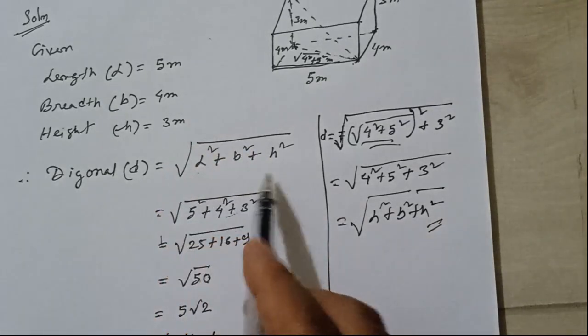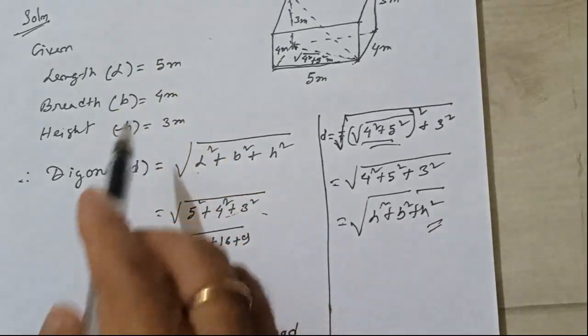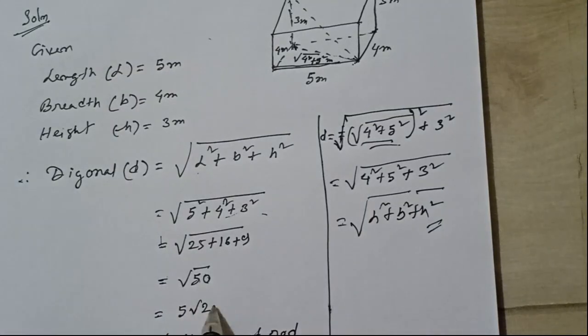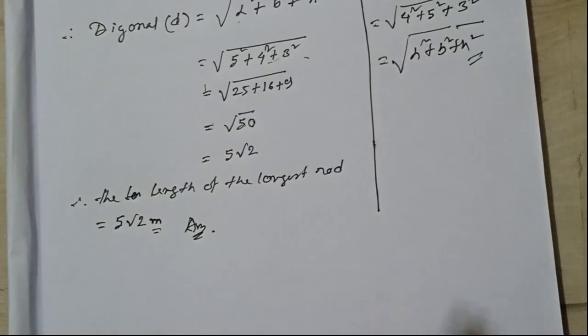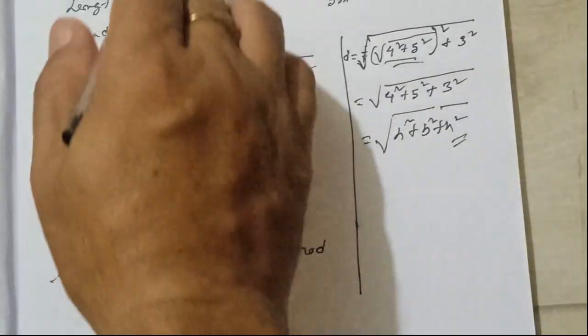Okay, this one. So substituting the values, we get it is equal to 5 square root 2. So that is how we arrive at the length of the longest road.